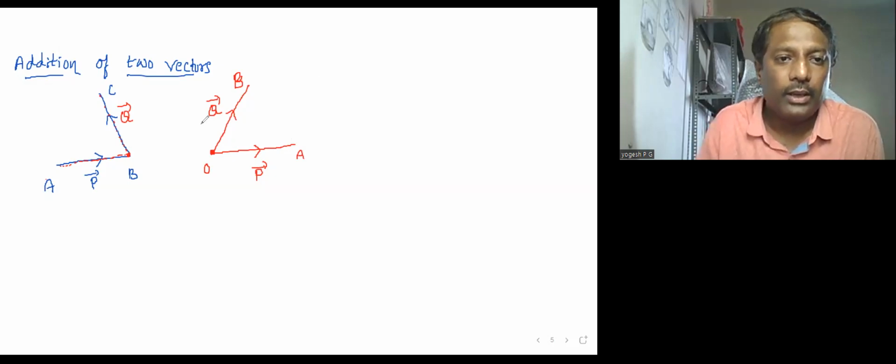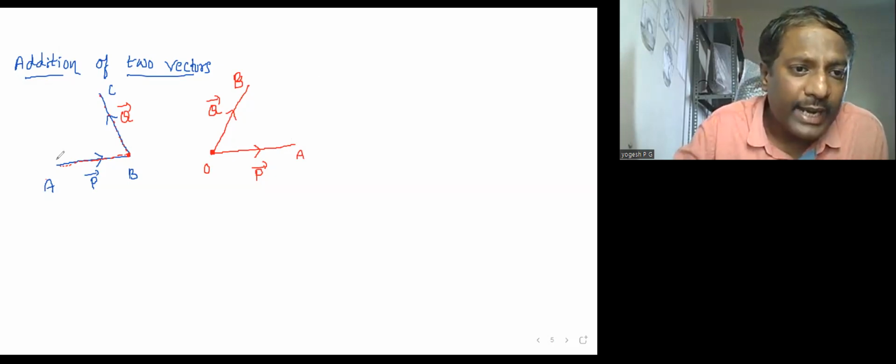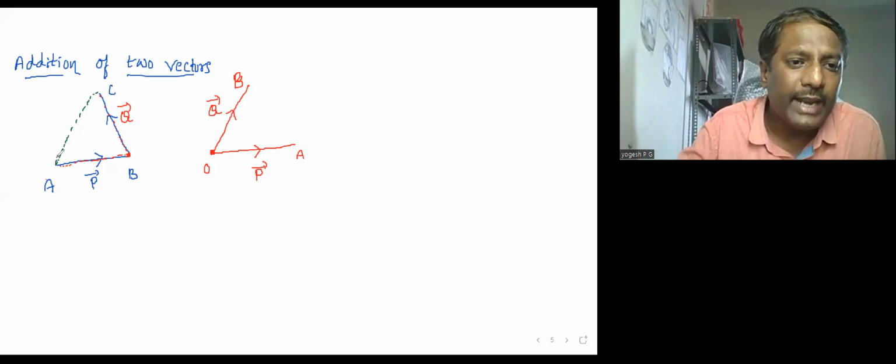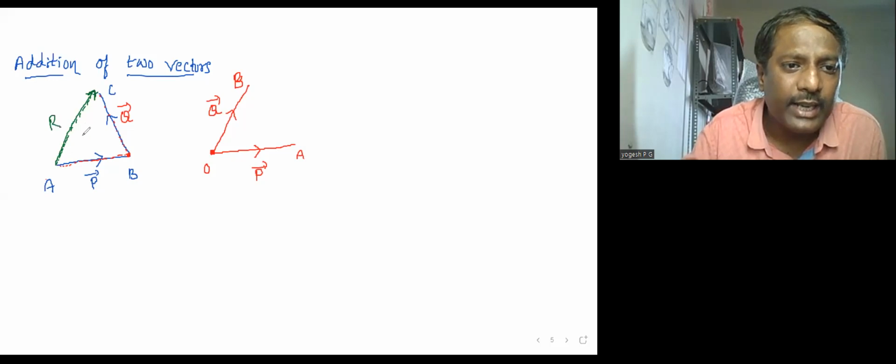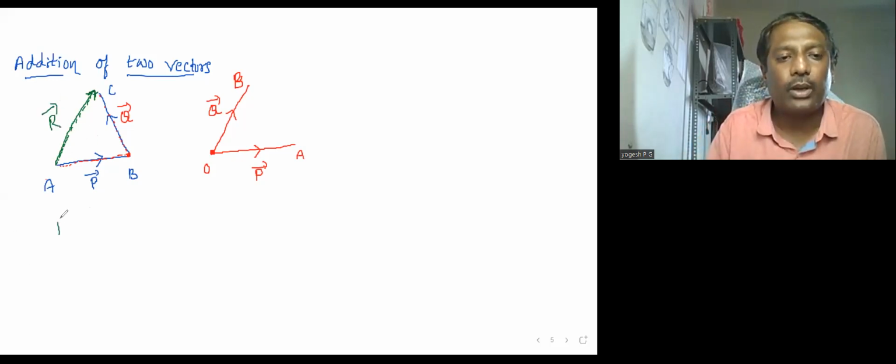Now, in the first case, you just complete the third side of the triangle and take it in the opposite order. The third side of the triangle, taken in the opposite order, gives the resultant of these two vectors, that is R vector. So what is R vector here? It is P vector plus Q vector.